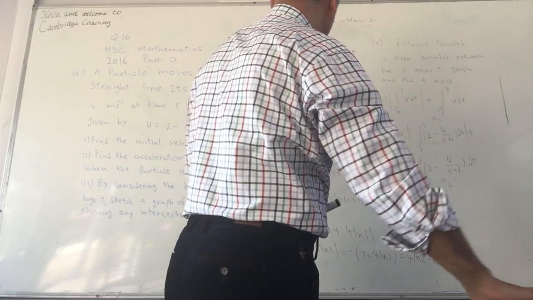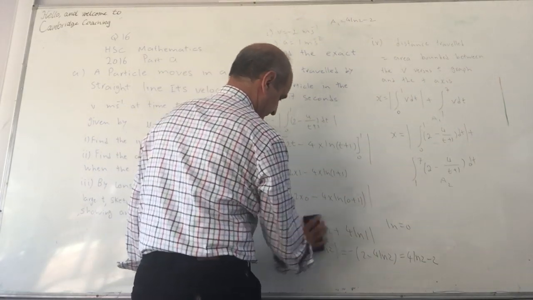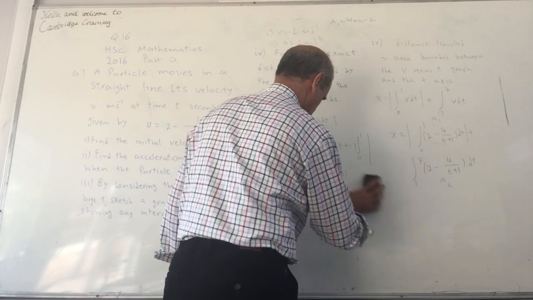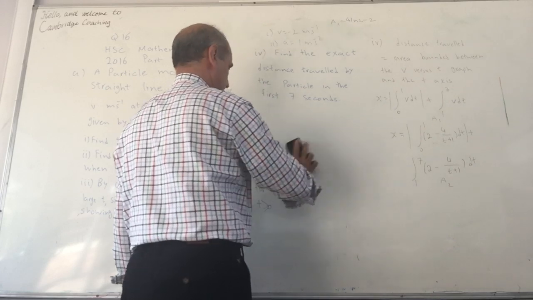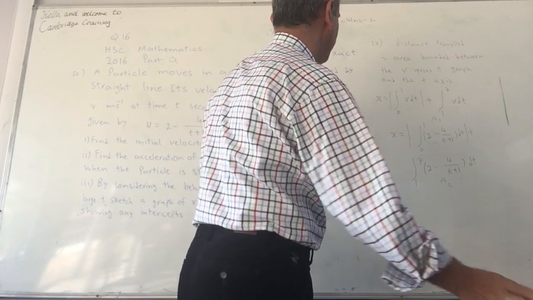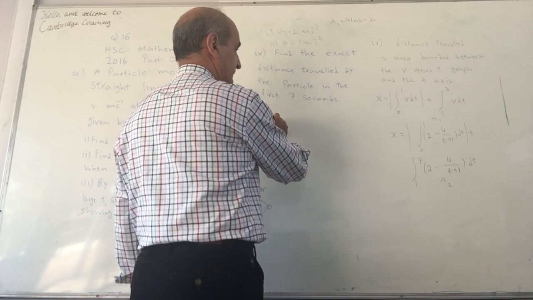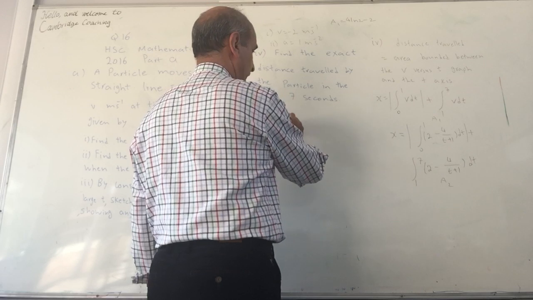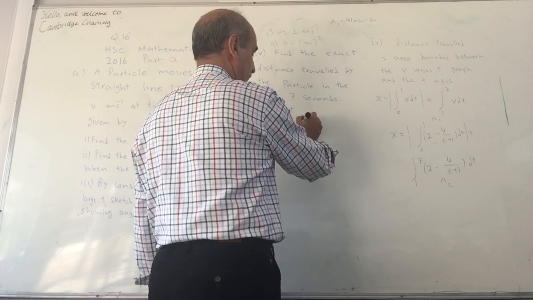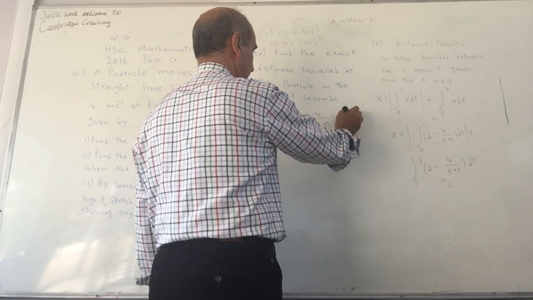Now we find area 2. Area 2 is the integral from 1 to 7 of 2 minus 4 over t plus 1 dt.